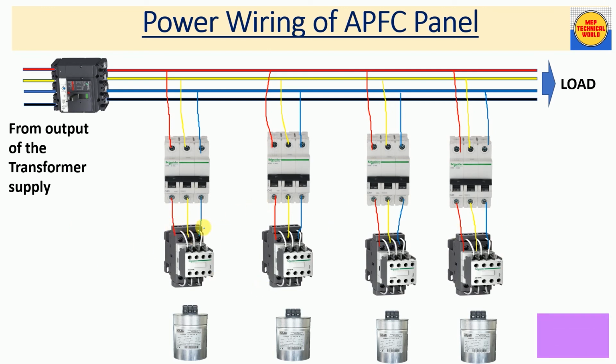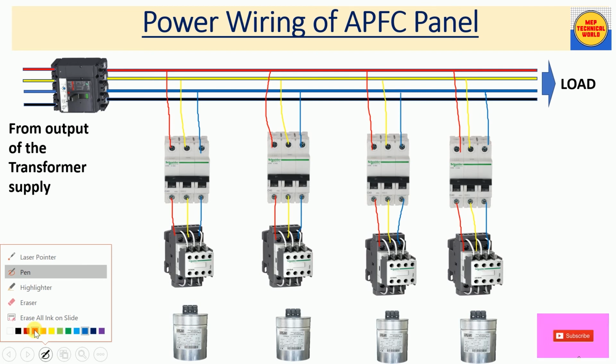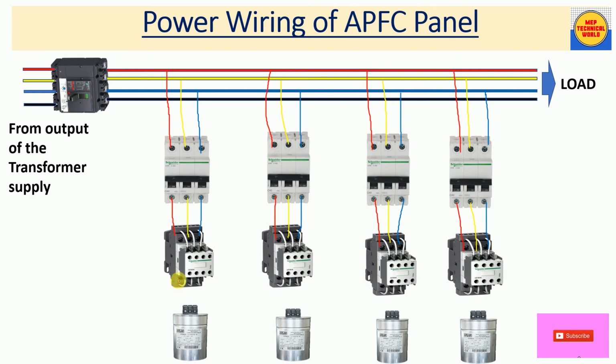Now move to next. From the output terminal of the CDC contactor, now let's connect 3 wires to the capacitor bank's terminals, for the 3 phases. Here let's take the red wire, similarly for the second one, and similarly for the third one and fourth one. This is for red phase, and now move to Y phase.